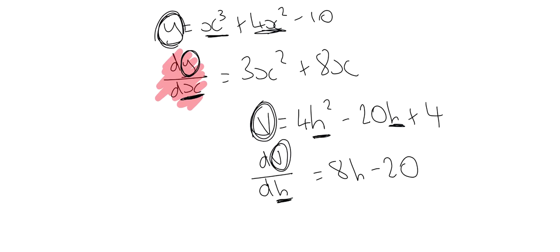So let's do an example where we are going to use v's for volume. I'm going to talk about a box. So I now have a 3D box. So this is an unknown number of centimeters, and so is this.